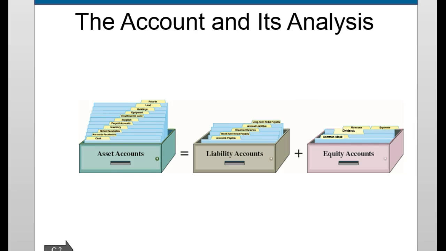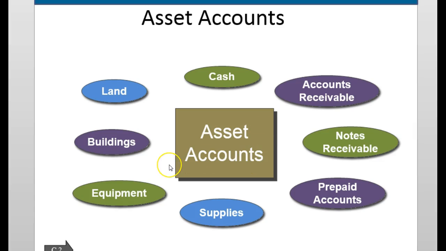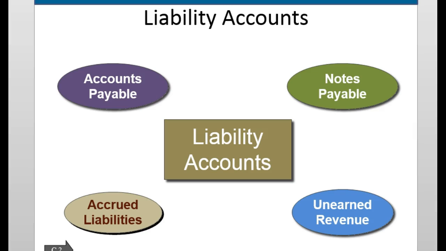Now, some of the accounts we have. Assets accounts are cash, receivables, notes, prepaids, supplies, land, building, equipment. Anything that we own that we can use is an asset. Then they move on and we look at liabilities. And liabilities are anything that's a payable, such as an accounts payable, a notes payable.